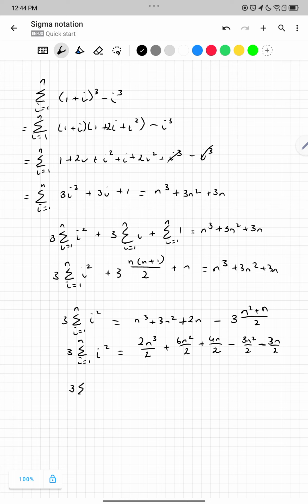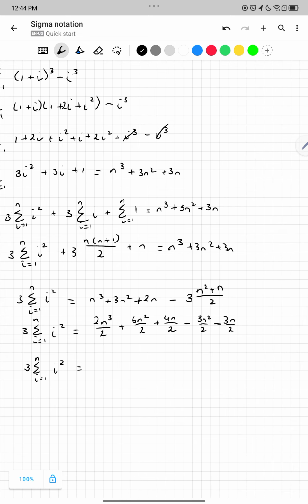So 3 times the sum from i equals 1 to n of i squared is equal to, let me see, we have 2n cubed plus 3n squared plus n, all over 2, right?